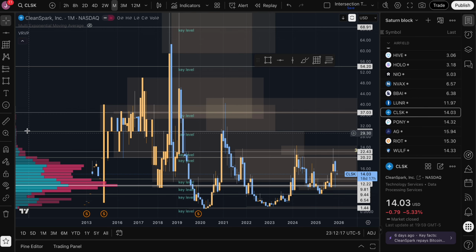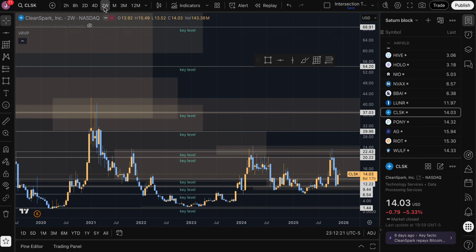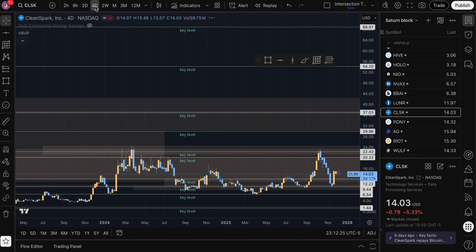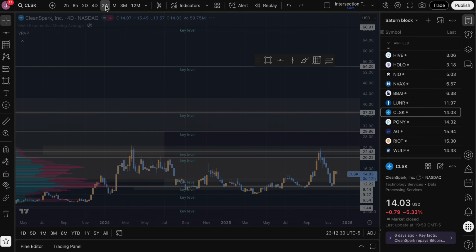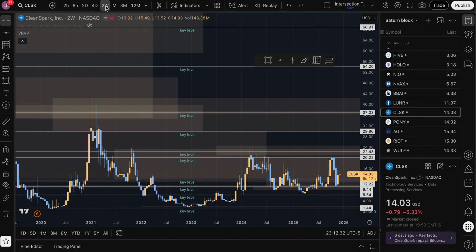I don't know why the volume is so low. Non-existent over there. Maybe TradingView is getting tired. I know I'm getting tired.